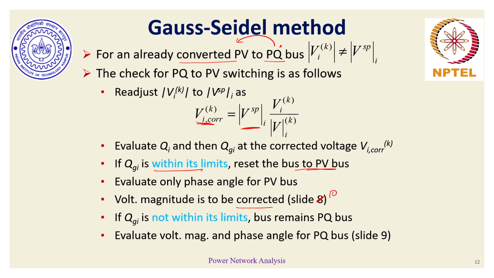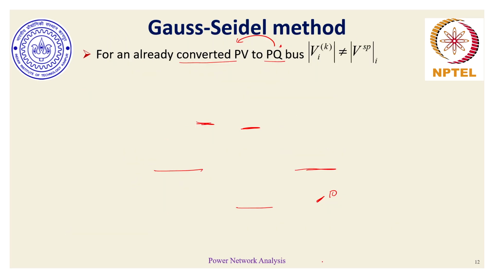And if QG doesn't remain within its limit for this converted PV to PQ bus, the status remains PQ, and we evaluate the voltage magnitude and phase angle as per the information given on slide number 11, not slide number 9. All this goes on until there is a check of when the process can stop. All this process stops when the voltages do not change. The voltage changes have now saturated.